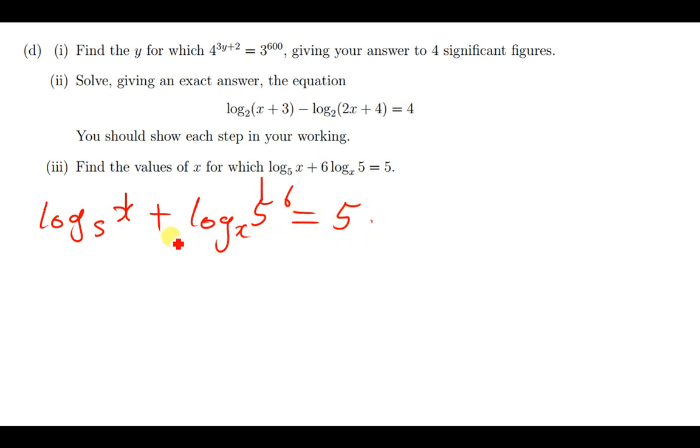So we can convert one of these logarithms to the other base. So how can we do that? Remember what I said, this one can also be written as log x over log 5.